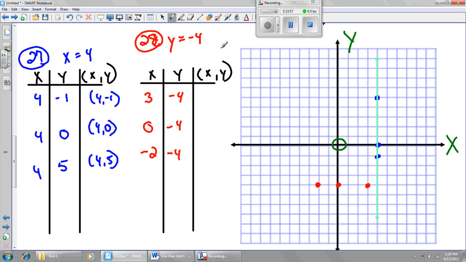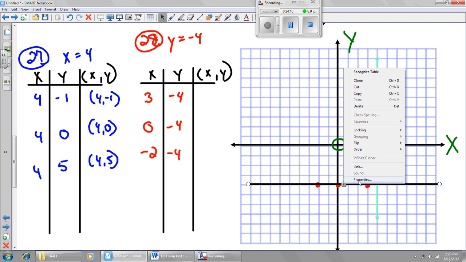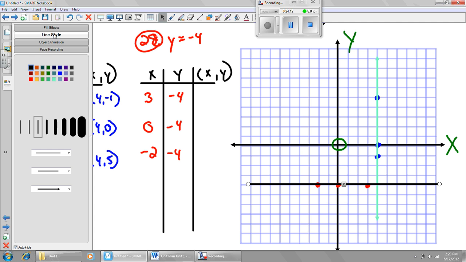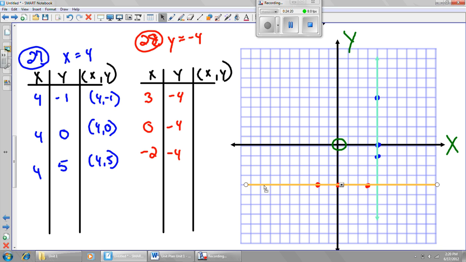And I'll get a horizontal line that'll look something like this. And let me make it officially a line because right now it's only a ray. Ooh, I don't like that orange, but that's okay. You can still see the red points. There we go, something like that.